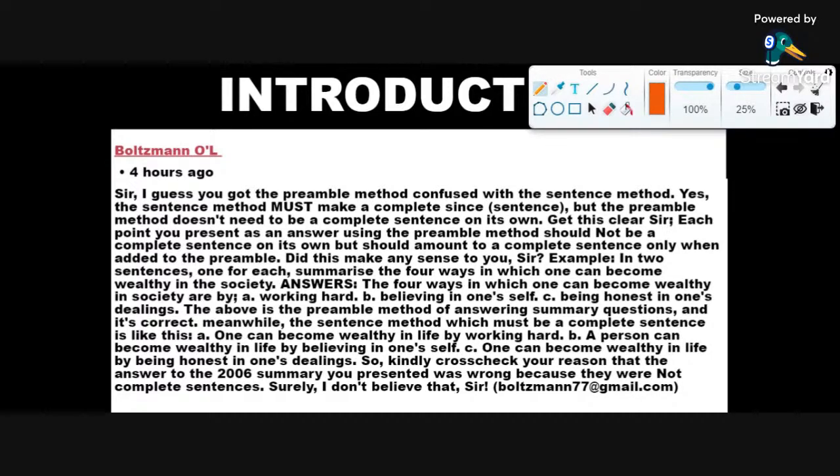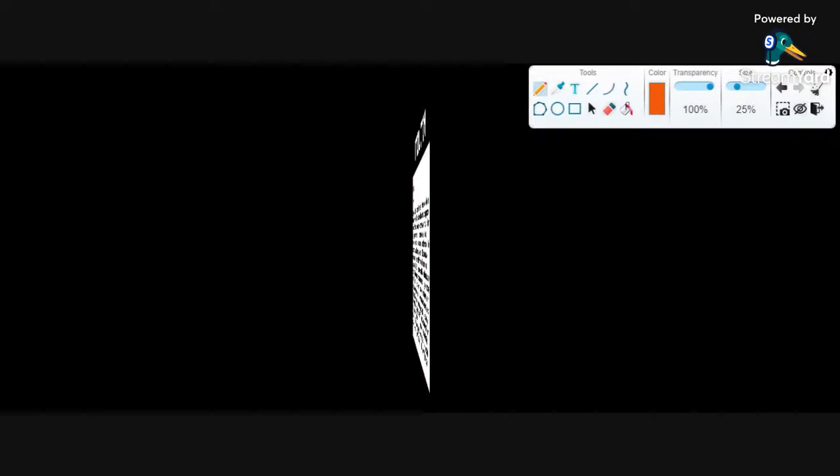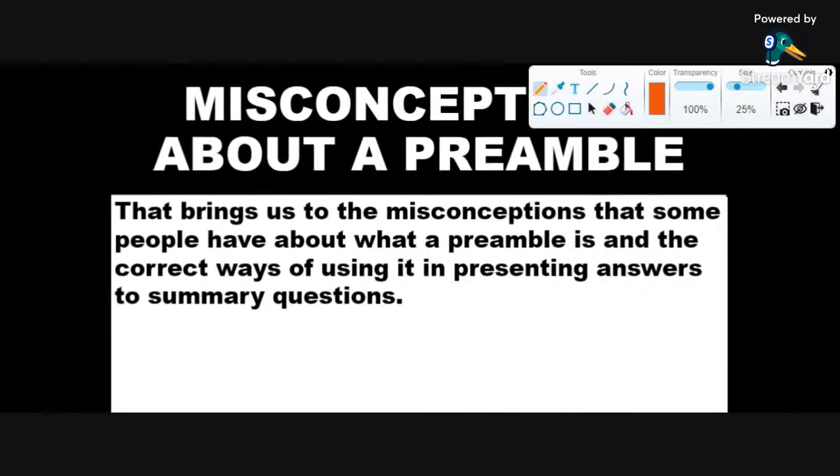So, that is what we want to go ahead to do right away. So that brings us to the misconceptions that some people have about what a preamble means and the correct ways of using a preamble in presenting answers to summary questions.